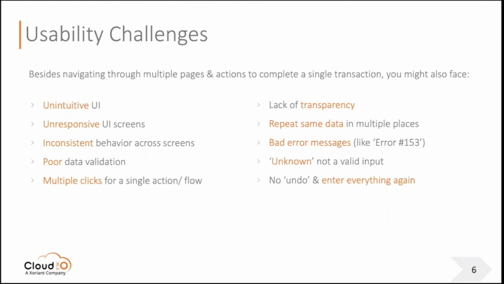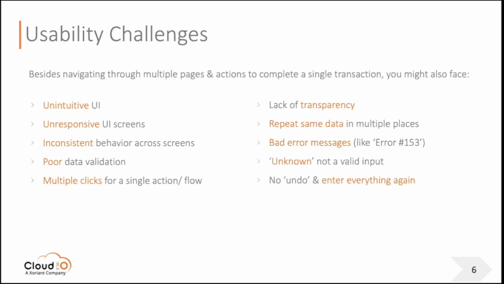And then once you click on a particular button or make a change, you do not know whether something is happening behind the scenes, right? And then there is this problem of inconsistent behavior, where a part of the screen works in one place and doesn't work in another place. And then, as I mentioned earlier, multiple clicks.